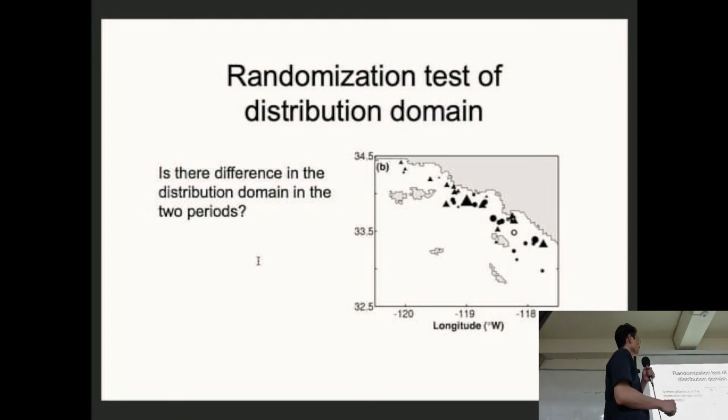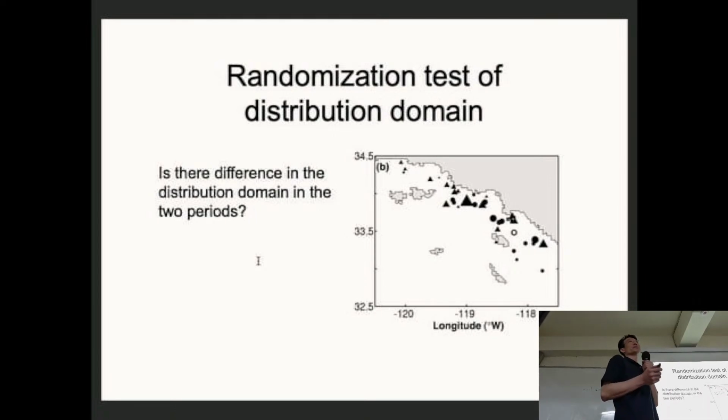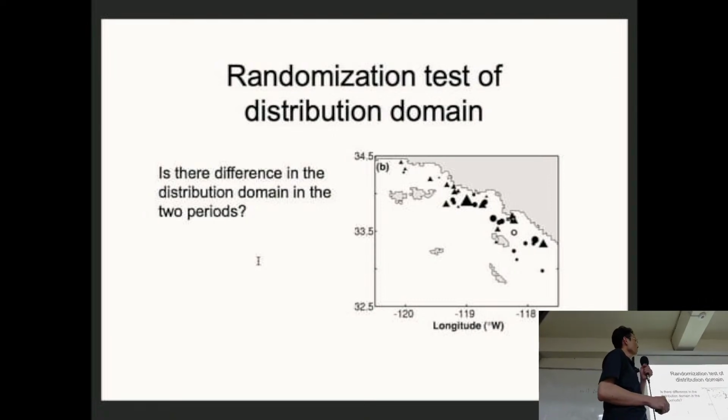At this moment we don't care about the size of the symbol. The size of the symbol represents abundance, but here we only care about the location. I have two climate conditions, triangle and circle.